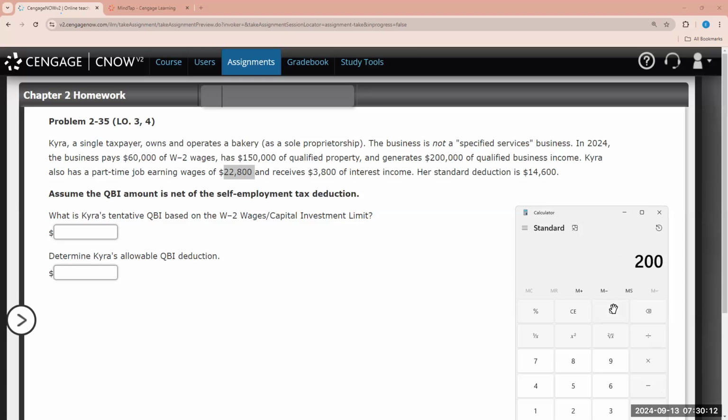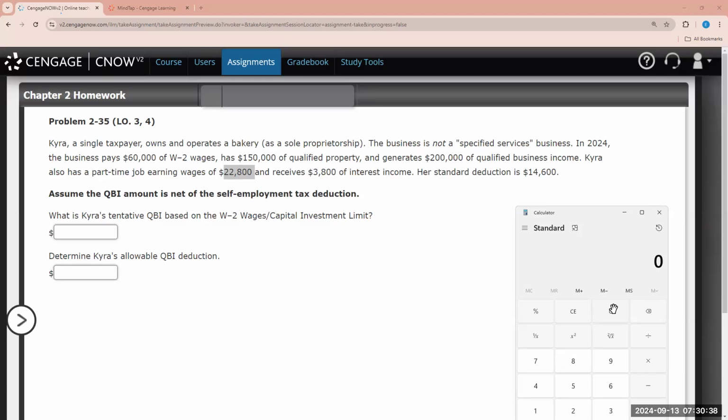Again, 200,000 plus 22,800 plus 3,800. All right, perfect. So 226,600, which represents her adjusted gross income. And then from there, we subtract her standard deduction of 14,600. So therefore, her taxable income before the QBI deduction is 212,000.